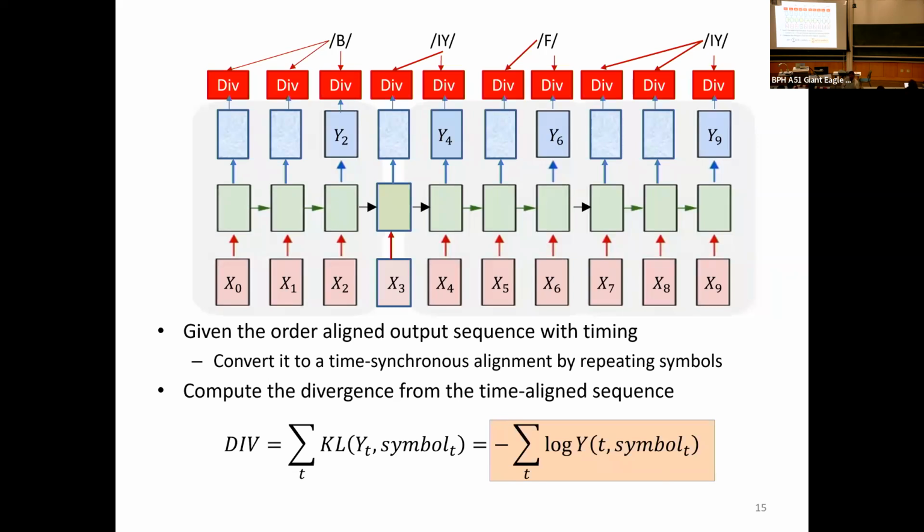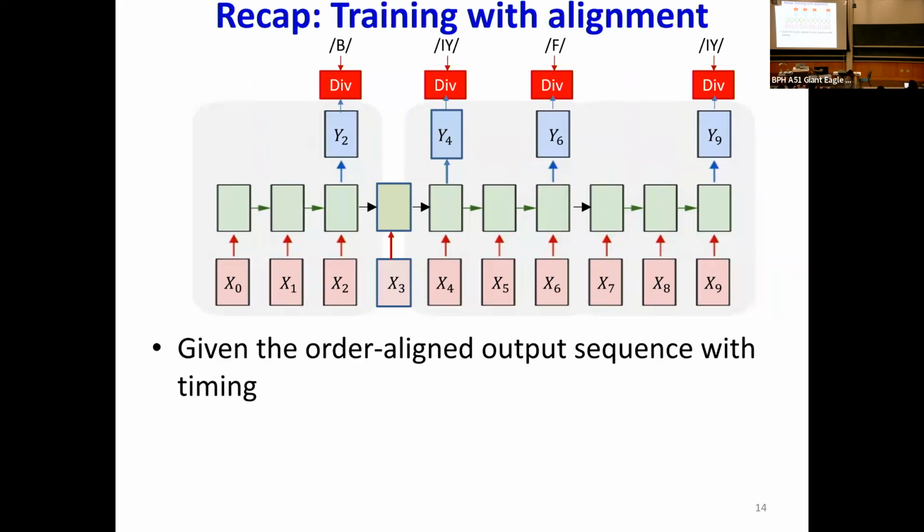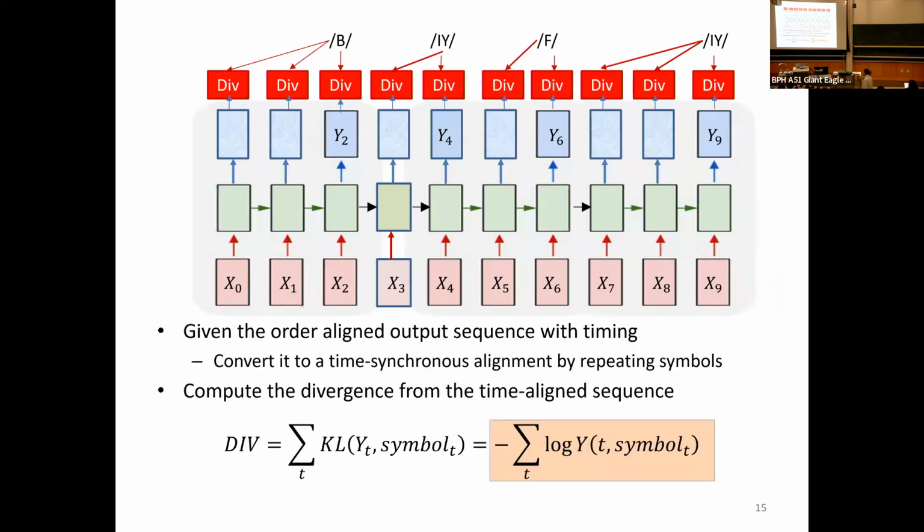And we also saw the logic behind doing this. You do not want to ignore the outputs which don't correspond to the output symbols. You want to assume that an output symbol actually stretches through the entire sequence that generates it. And so you just repeat the symbol, and now you have an aligned, time synchronous output, and then you can define a divergence.